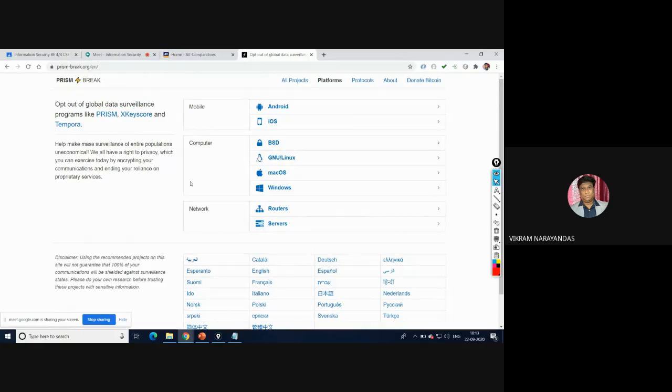You can see a number of software tools for data encryption. The website prism-break.org can suggest many tools for Android, iOS, Mac, and Windows.